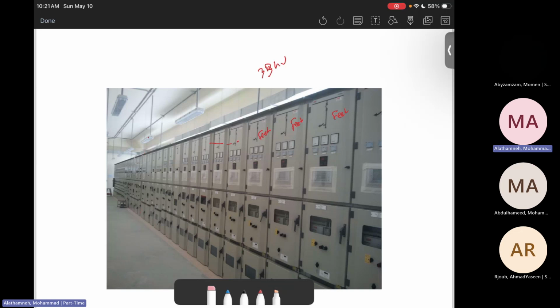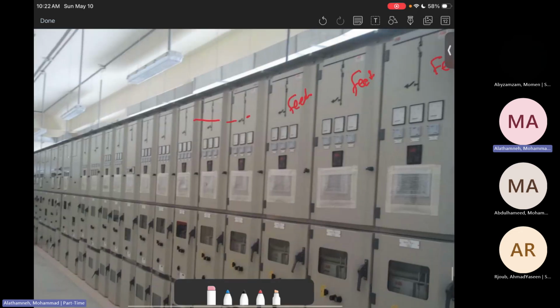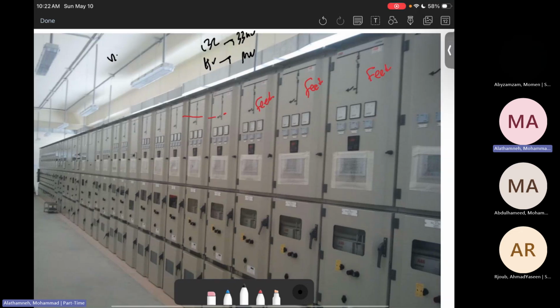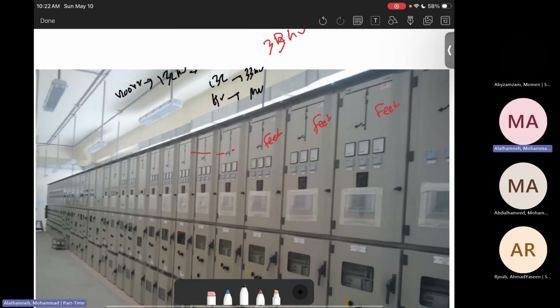All of them are feeders connected to the distribution company, converting high voltage to medium voltage, which is basically converting 132 to 33 kilovolts. Even if we have 400 kilovolts, it will convert it to 132 kilovolts, then to 33 kilovolts. So all of them are feeders here: feeder 1, 2, 3, feeder 4, feeder 5, etc.